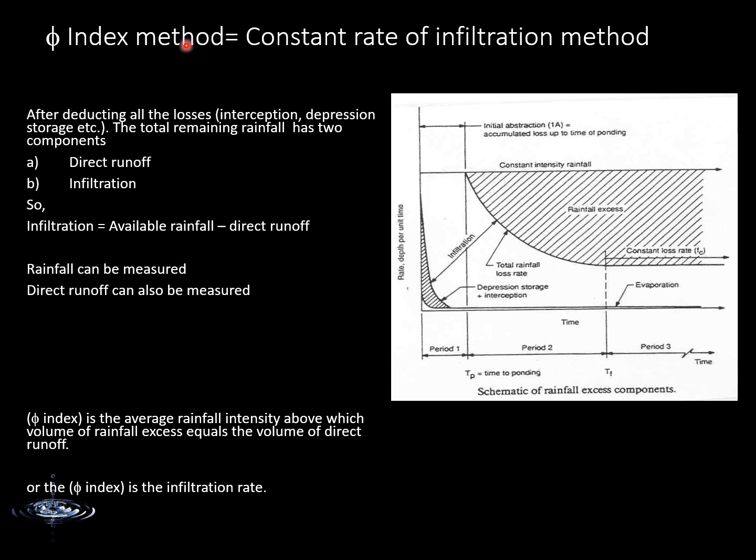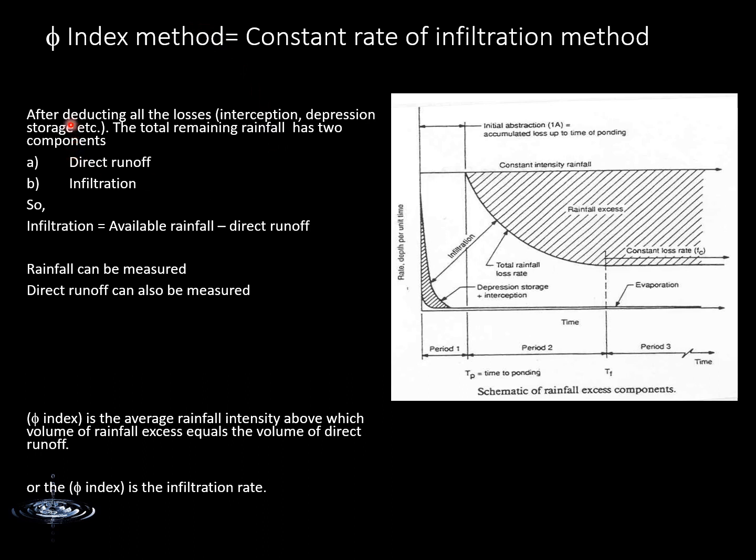Obviously, at the catchment scale, even in a very small catchment, there may be some impervious area, some pervious area, some vegetated area, different kinds of soil. So lots of complexities will be there, but we try to simplify that, and on average, in the entire catchment, what is the infiltration capacity of that particular catchment, and that is the phi index of that location.